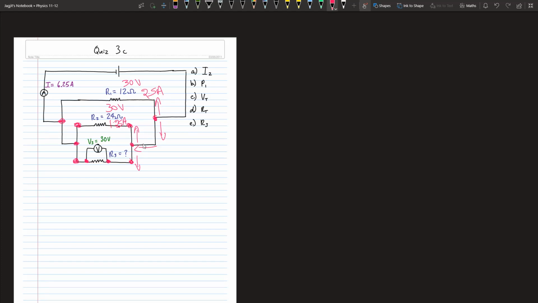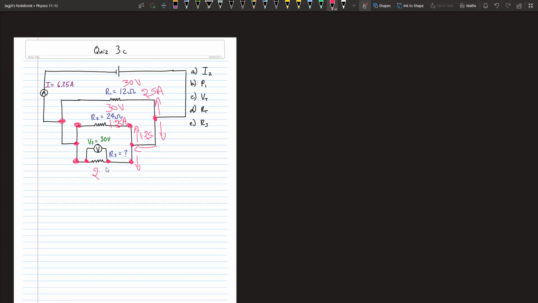Okay, guys. So now look at this. We know 2.5 came this way. We know 1.25 came this way. Therefore, the current coming in here should be 6.25 minus 2.5 minus 1.25, which gives me 2.5.